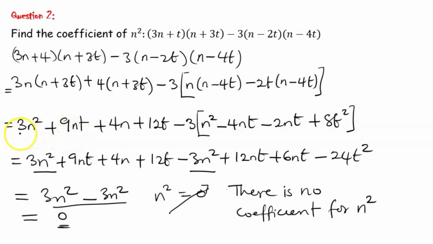The only terms that produce n squared are these two, one negative and one positive. So we see that there is no coefficient of n squared.